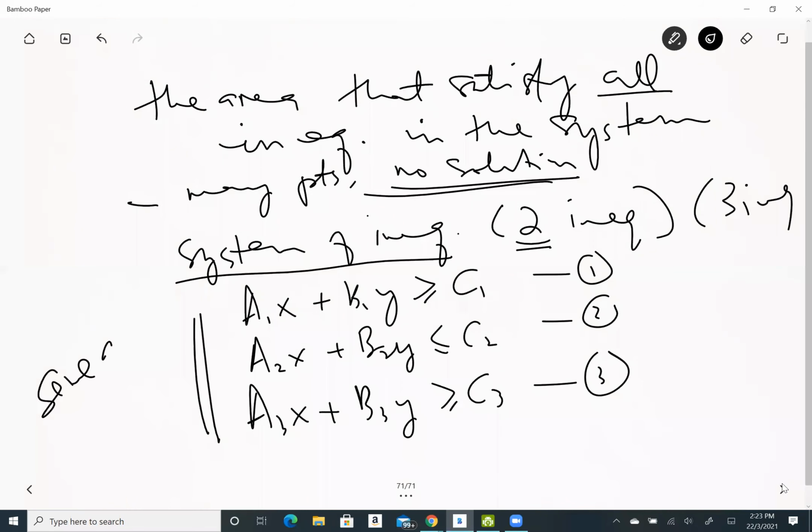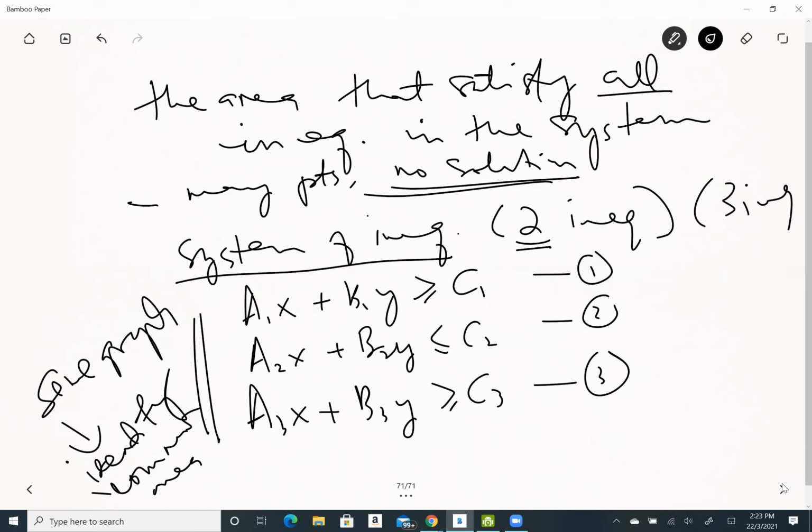And then what do we do? You identify the common area. So that will be the solution, or we call it the feasible region. You may have two, three, four, whatever it is, as long as it is two or more.